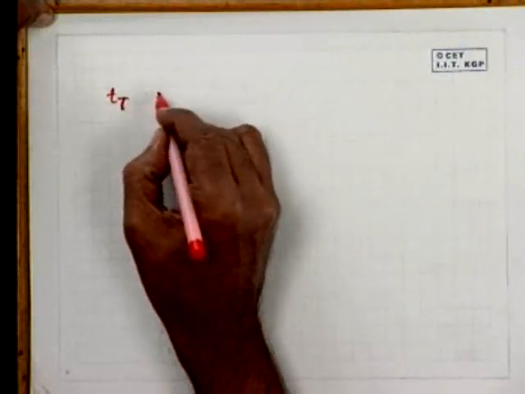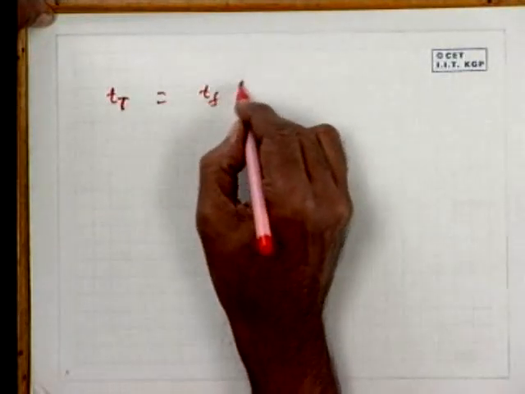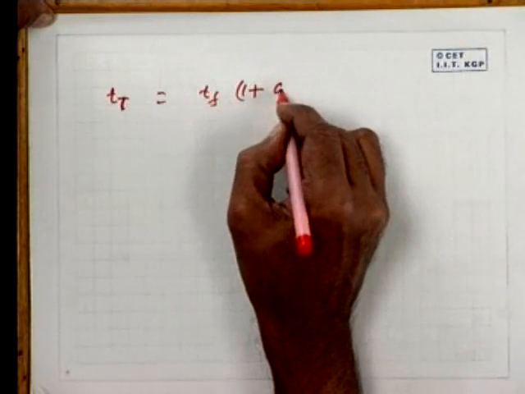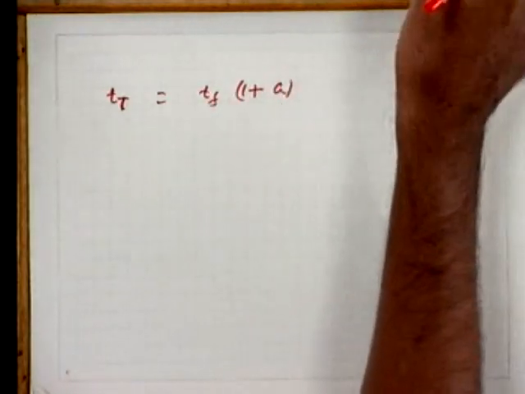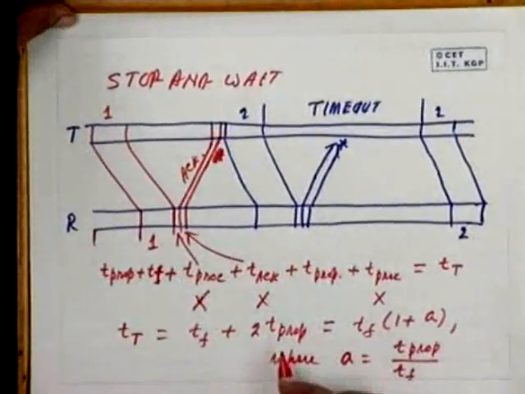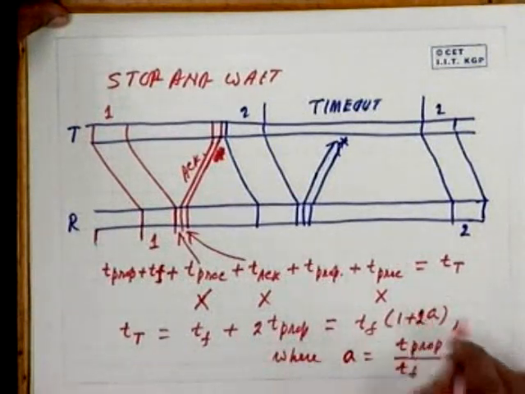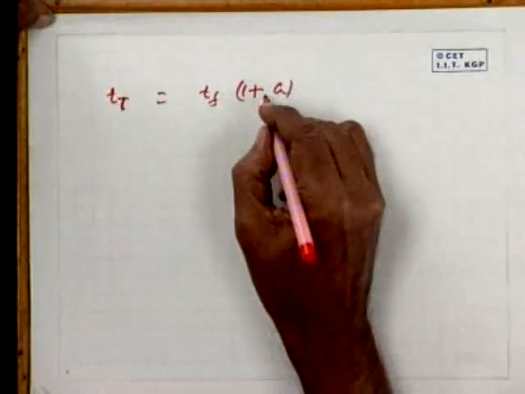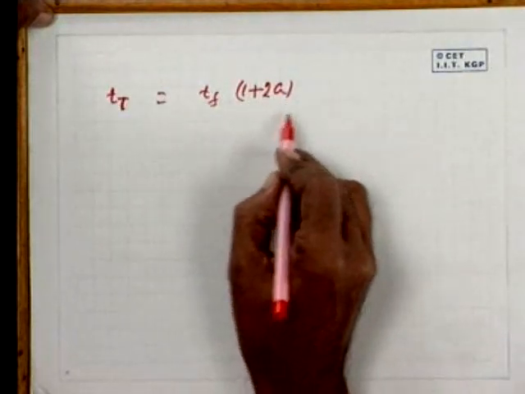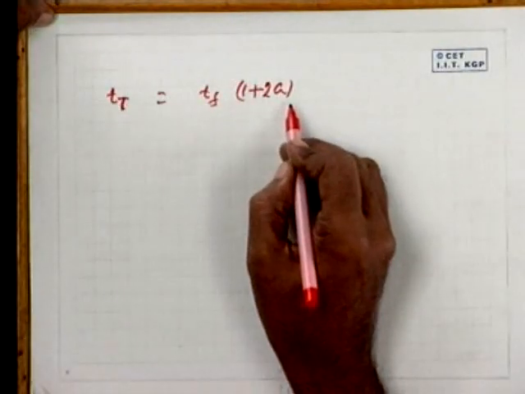Now we get Tt is equal to Tf into 1 plus A, 1 plus 2A, sorry, I made a mistake here. Since there are 2 here, it will be 2A. That is the time required to send one frame.